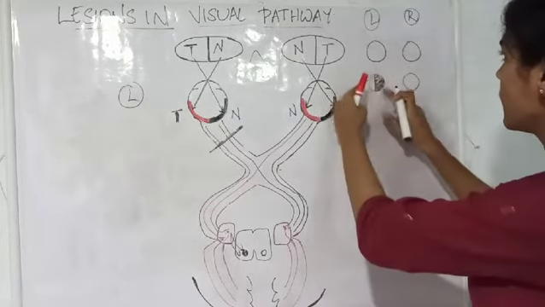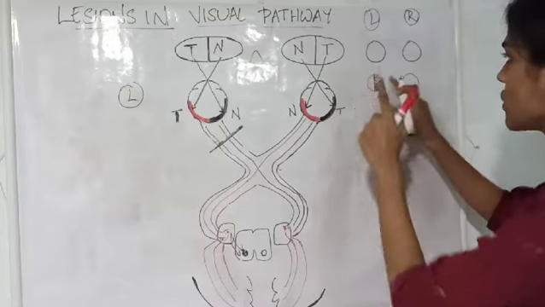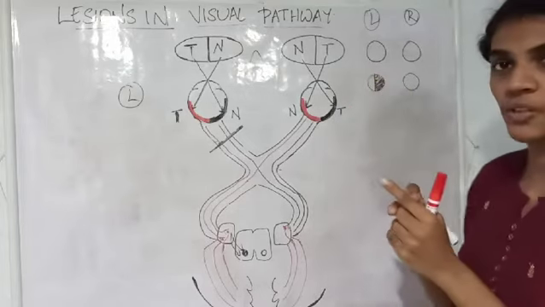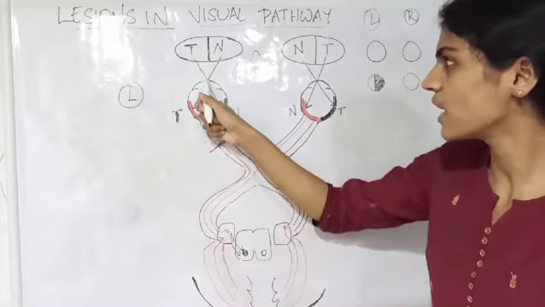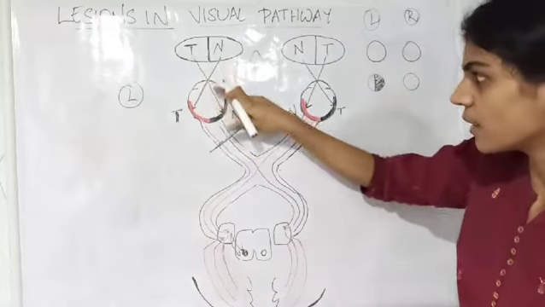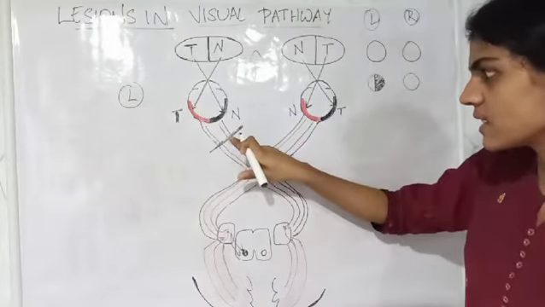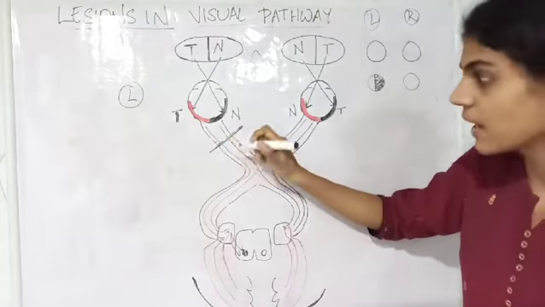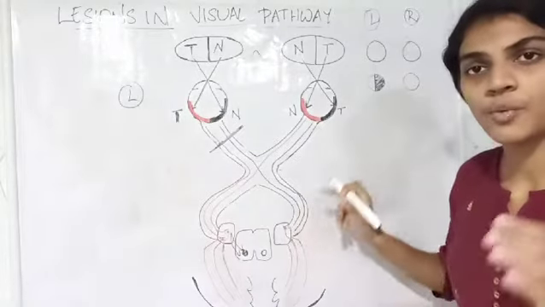In a particular eye, there is a temporal field of vision and a nasal field of vision. When we follow this particular nerve fiber, you can find the temporal visual field nerve fiber is not conveyed to the brain since it is getting damaged here. Here there is a cut, so it won't be conveyed into the brain.